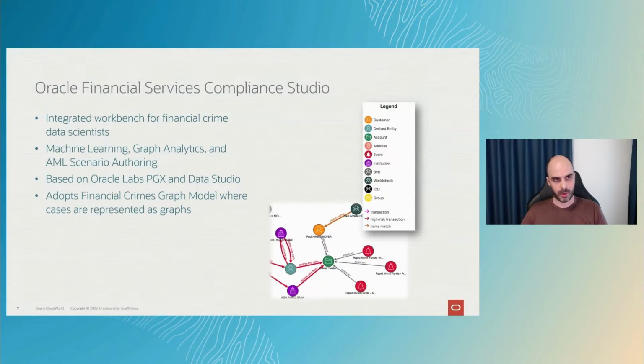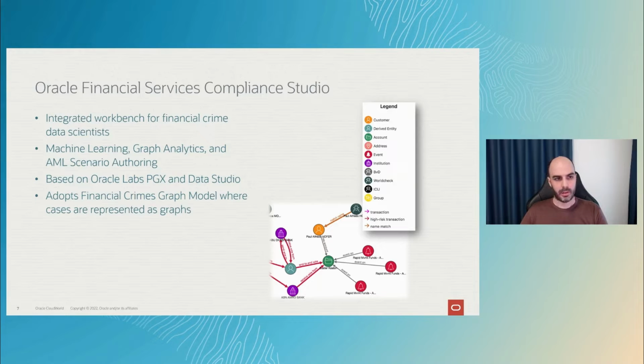One of the core components of this process is the Oracle Financial Services Compliance Studio, which is an integrated workbench for financial crime data scientists and investigators. It provides tools for getting access to machine learning and graph analytics and anti-money laundering scenario authoring as well.